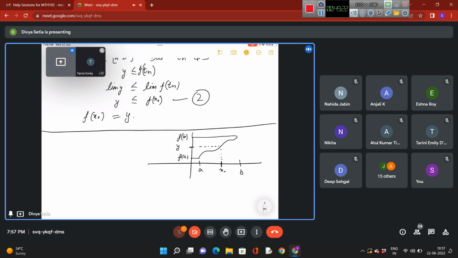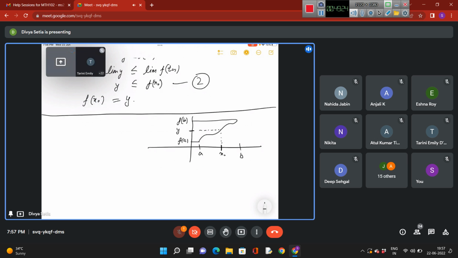So now what you did is you started with a set S, all those points of AB such that f of x should be less than Y. So all the elements of S are such points. You created this set S such that each and every functional value is less than Y, right?